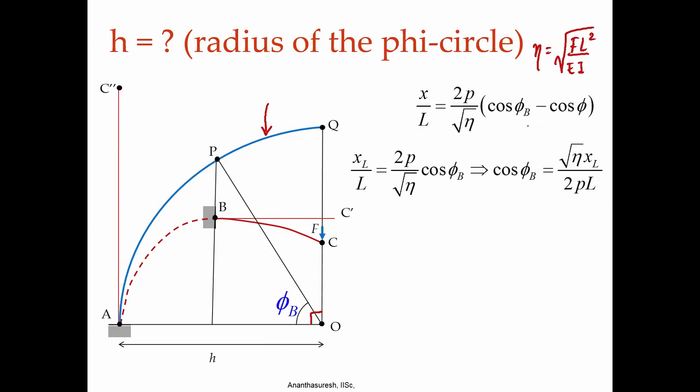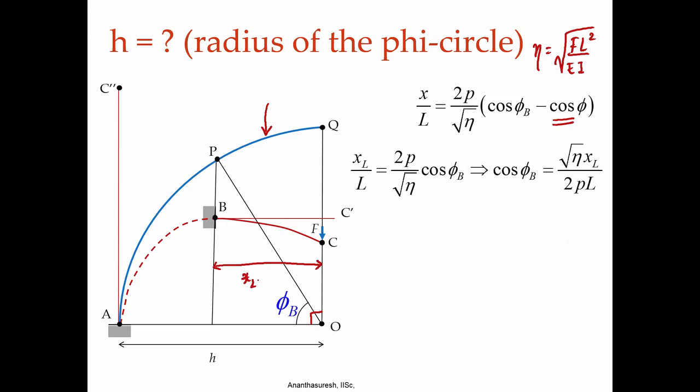If I take that all the way to the end, which is phi equal to pi by 2, that is from B all the way to C, this becomes 0. So, I get x sub L by L is 2 p by eta cosine phi b, which implies that cosine phi b is equal to square root of eta times x sub L by 2 p L. What is x sub L? x sub L is from here to here, that is my x sub L.